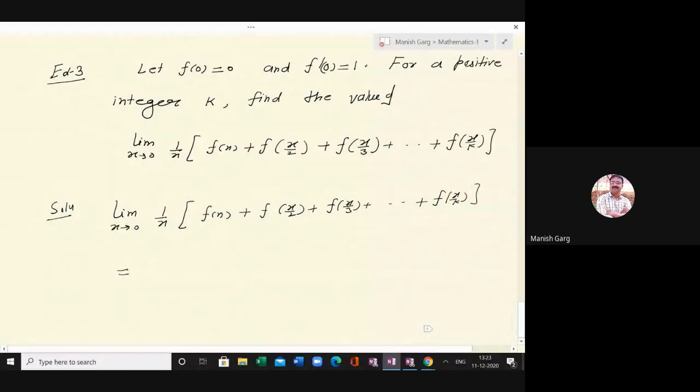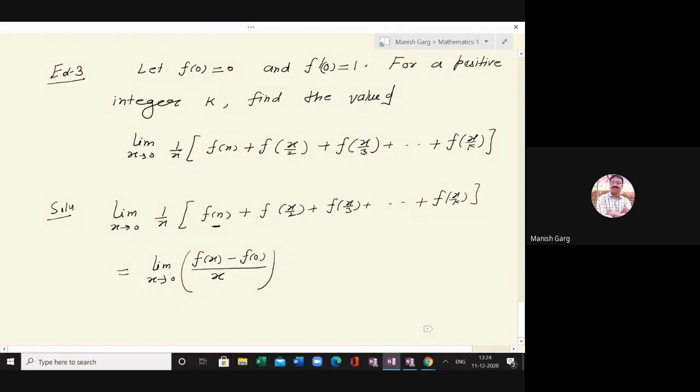This I can write as limit x tends to 0 of fx minus f0, because the value of f0 is 0. Bhargav, it is okay. fx minus f0 over x.